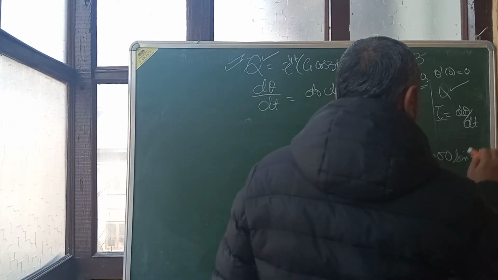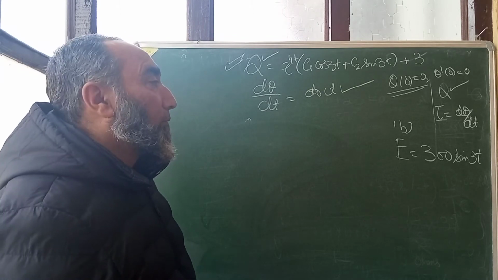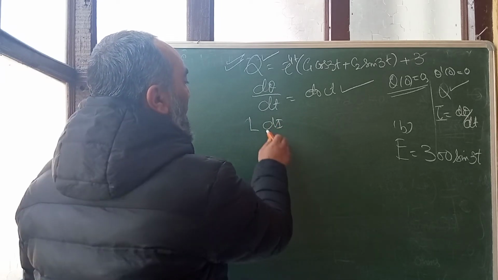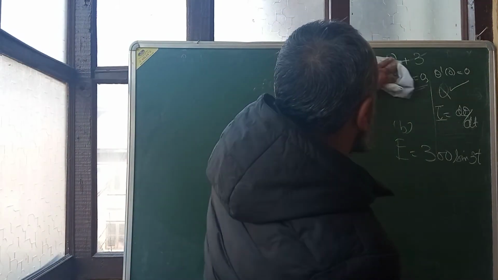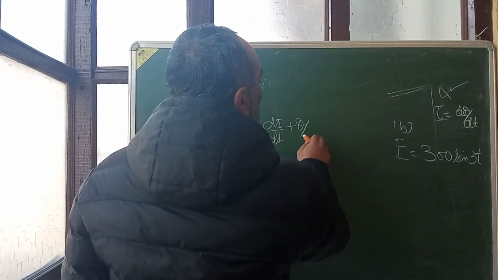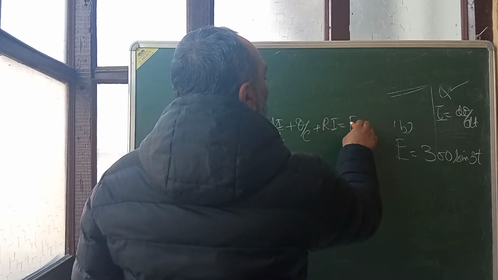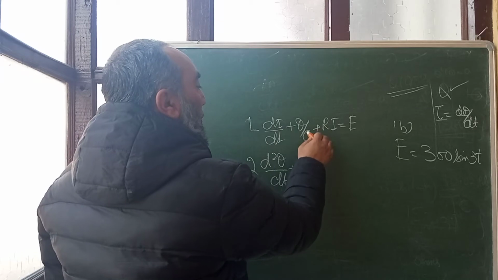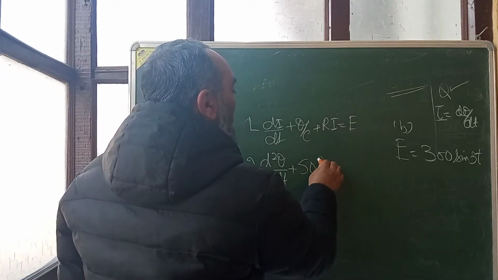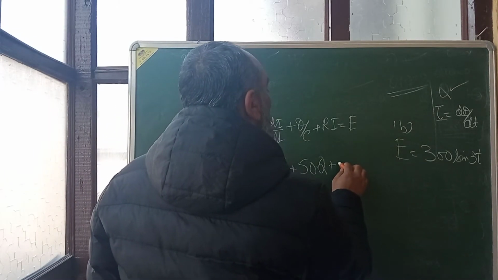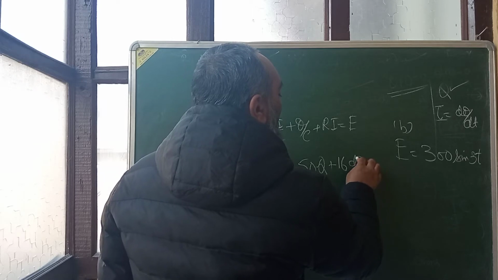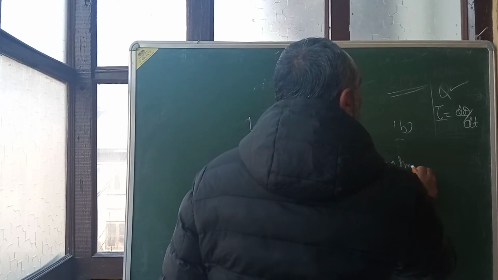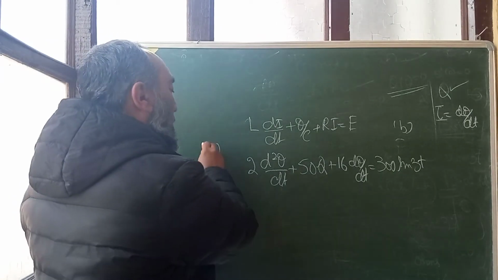So by Kirchhoff's law, L di by dt plus Q by C plus Ri is equal to E, where L is 2 Henries, C is 0.02, which gives 50 Q, and R is 16, and i is dq by dt, equal to 300 sine 3t.